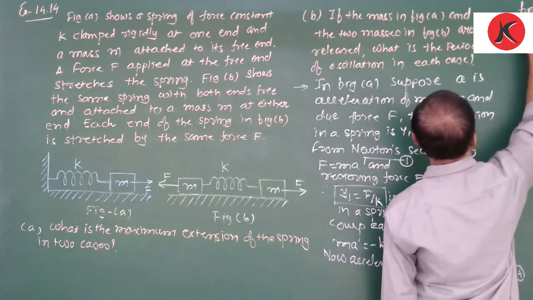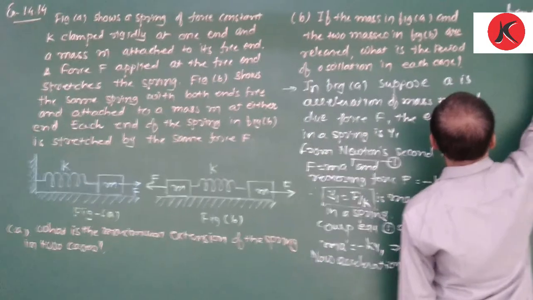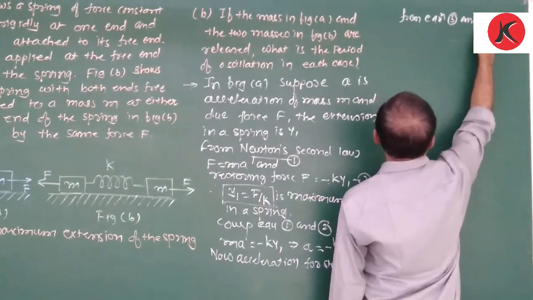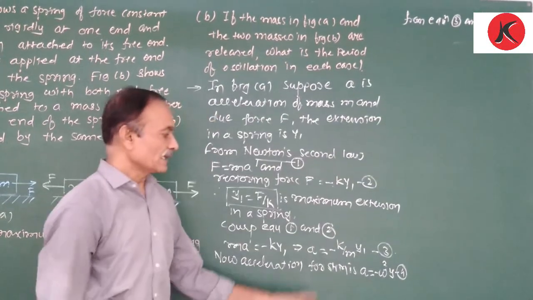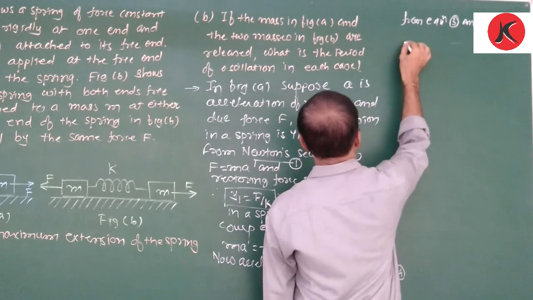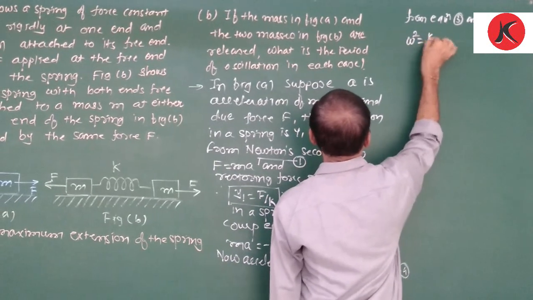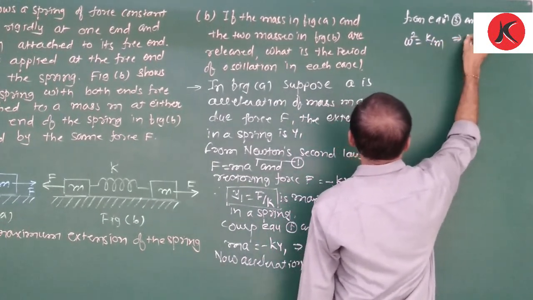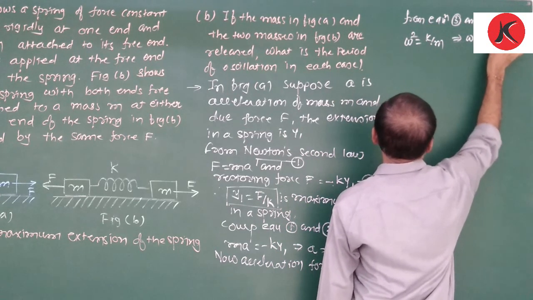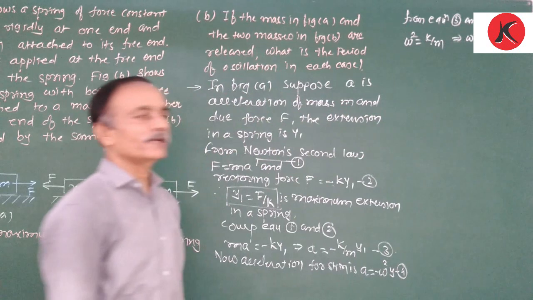Therefore, comparing equation 3 and 4, omega square is equal to k upon m. Therefore, omega is equal to square root of k upon m.